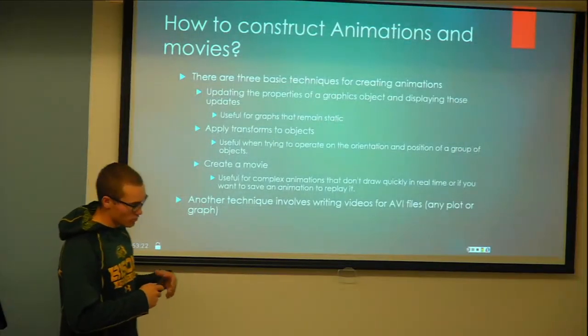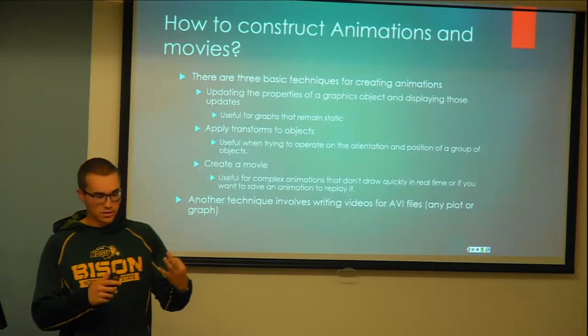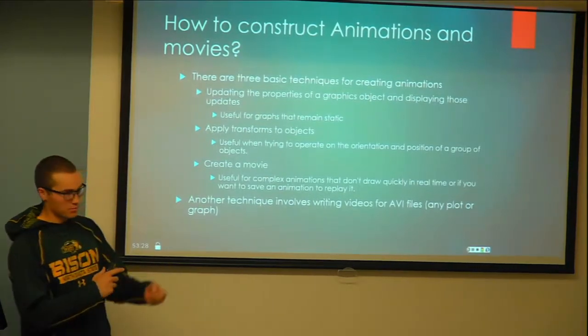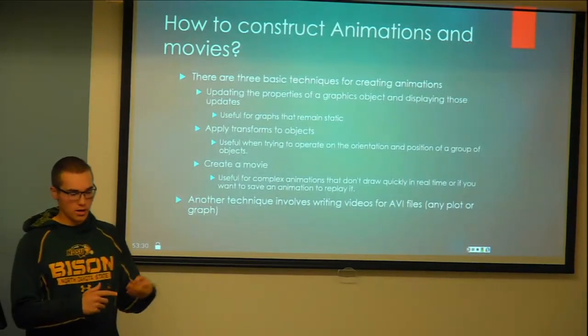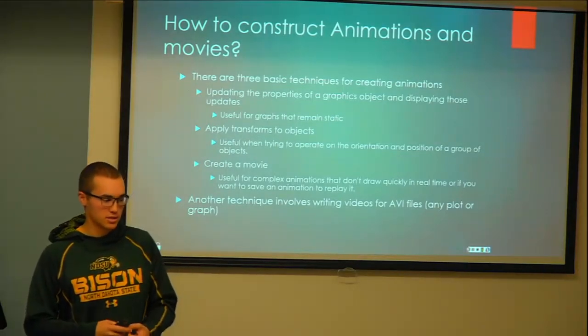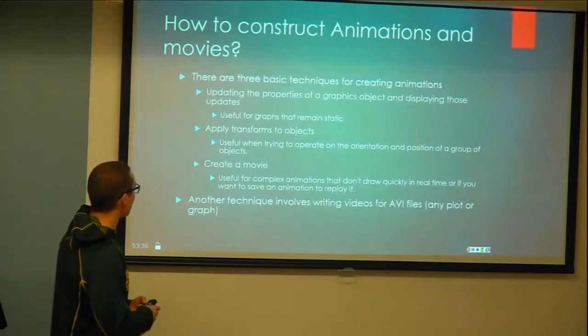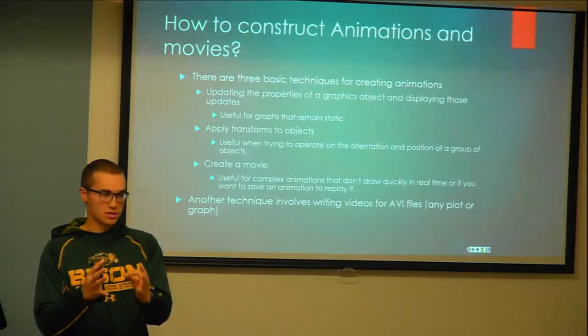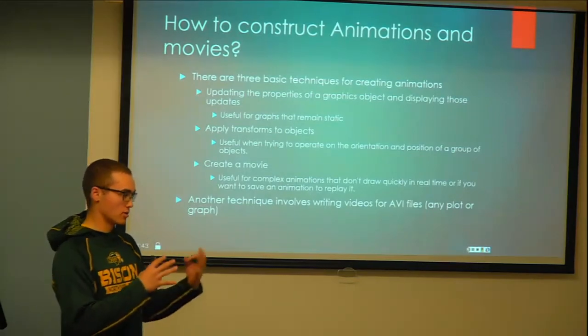All right. So there are really 4 techniques, but 3 basic techniques that we can do. The first is to update the properties of your graphics, so you can open up your graph, look at the properties, change them, and see different animations. You can also apply transforms to objects, so you can orient your object in a certain plane or in 3 dimensions.